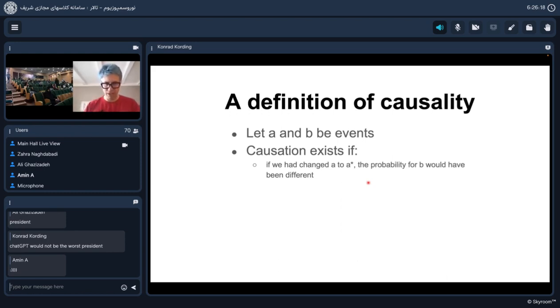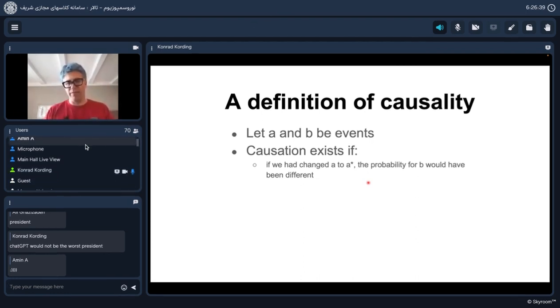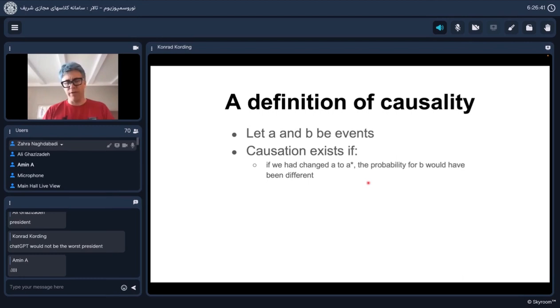Now, the definition of causation, that causation exists, is if we had changed A to A star. So we reach in, change this variable or this event A to A star, then the probability for B would be different. Why do I say the probability for B would be different instead of B would be different?